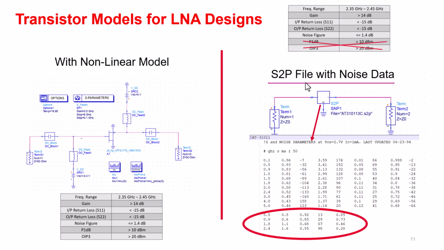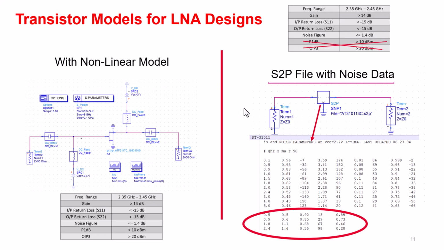But that's not a major hurdle, because usually low noise amplifiers operate at a very low input power level, so there will not be many occasions where your LNA will reach the output P1dB point, so there's not a major concern. So either one of them you have is equally good enough.